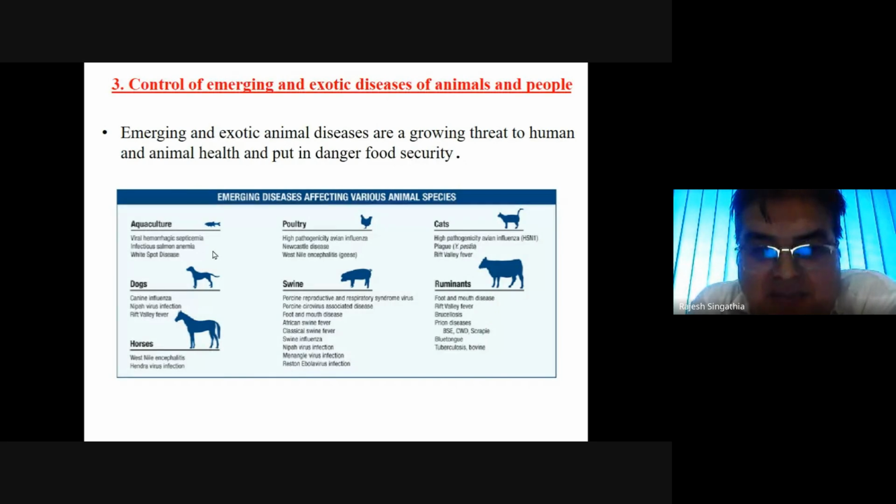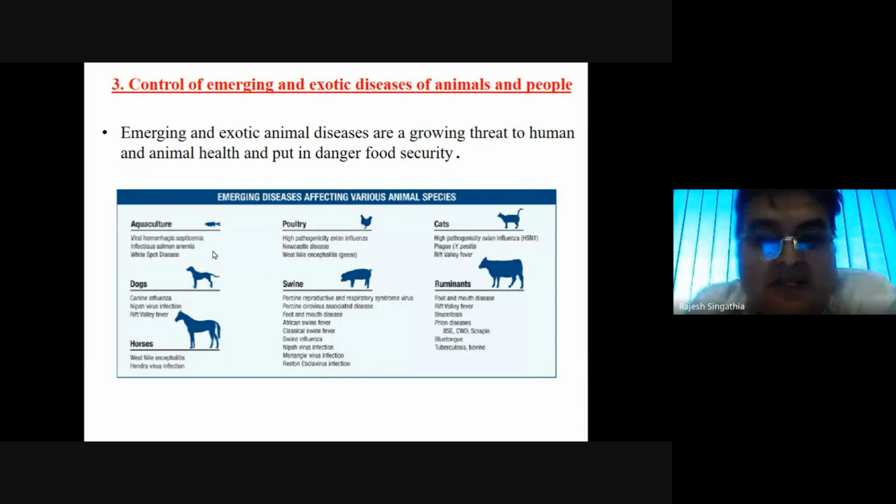In swine: porcine reproductive and respiratory syndrome virus, porcine circovirus disease, foot and mouth disease, African swine fever, classical swine fever, swine influenza, Nipah virus infection. Also plague, caused by Yersinia pestis, and Rift Valley fever. In ruminants: FMD, Rift Valley fever, brucellosis, prion disease, BSE, bluetongue, tuberculosis. So all of those are emerging diseases.